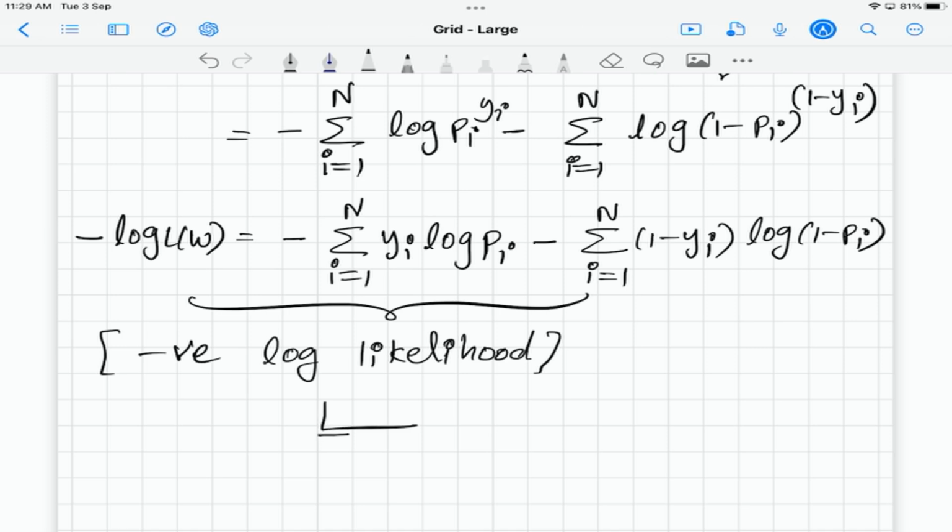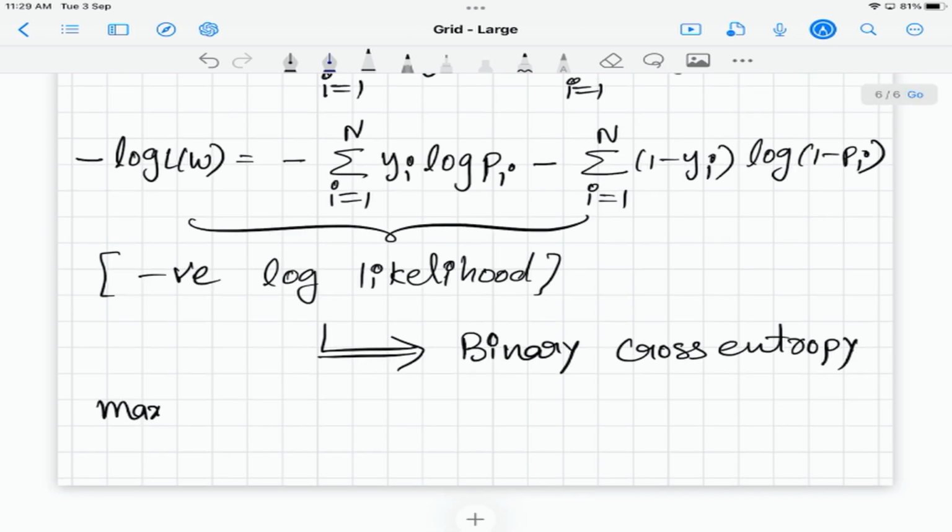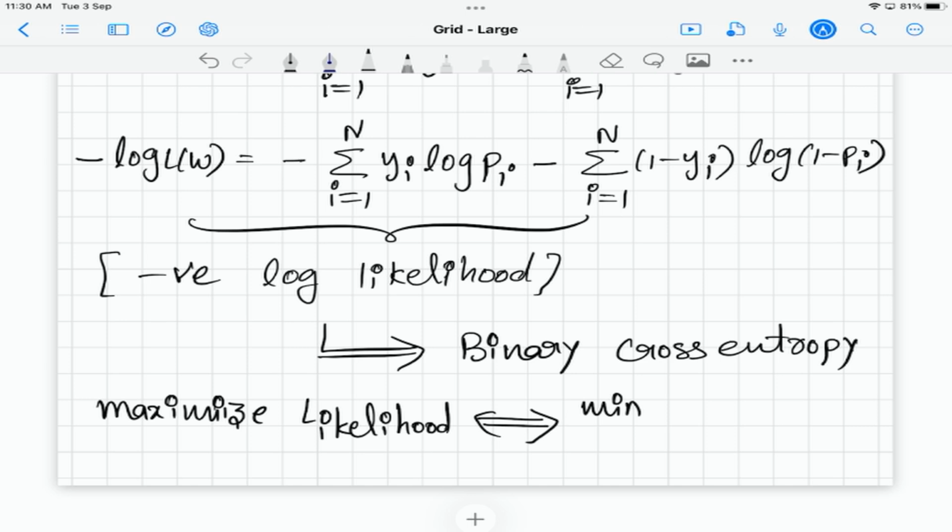Your aim was maximizing likelihood. This is equivalent to minimizing your negative log likelihood, and this is equivalent to minimizing binary cross entropy. Do you agree with that?